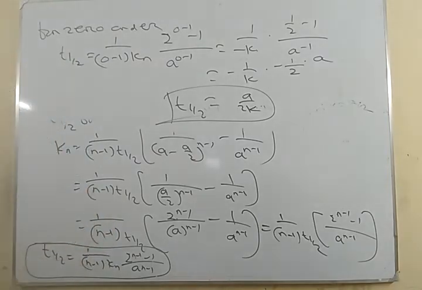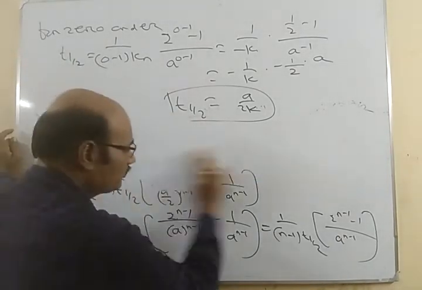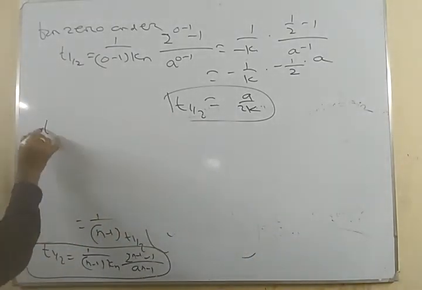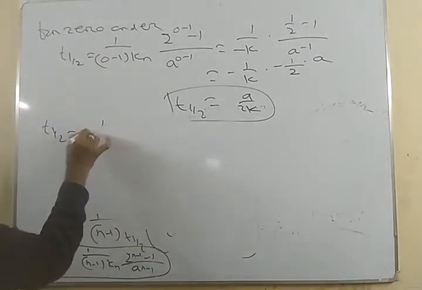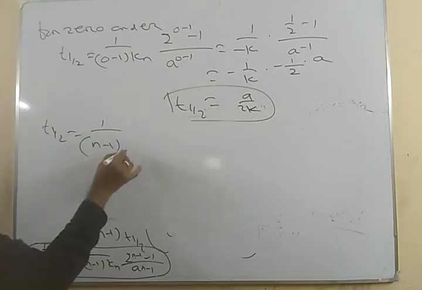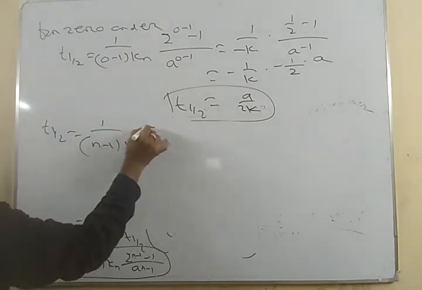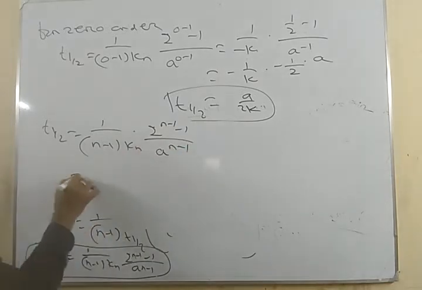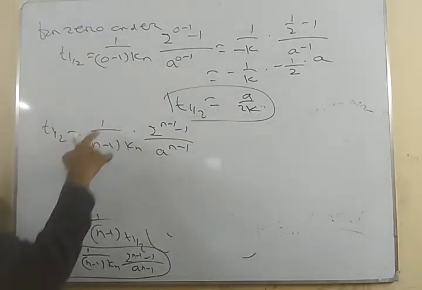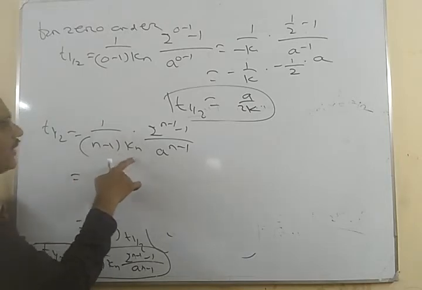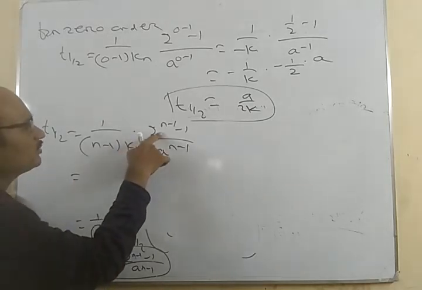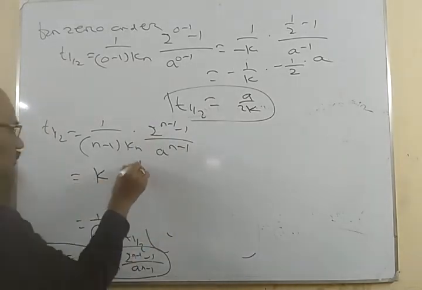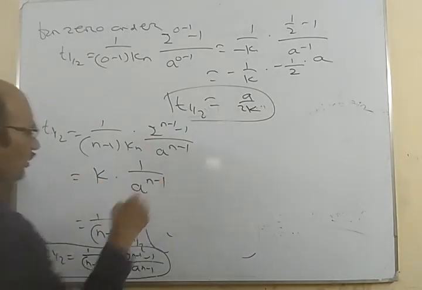Now here you see from this one thing you can clarify. T half is equal to 1 by n minus 1 into k into 2 power n minus 1 minus 1 by a power n minus 1. And 1 is a constant, n minus 1 is a constant, k is a constant, 2 power n minus 1 is also a constant. So I can simply write constant into 1 by a power n minus 1.